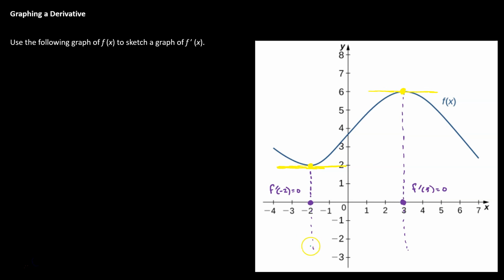When I am to the left of negative 2, values that are less than negative 2, the slope of my tangent line is negative. So my points are negative over here. When I am between negative 2 and positive 3, then the slope of these tangent lines looks positive.